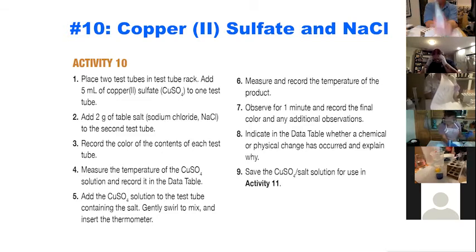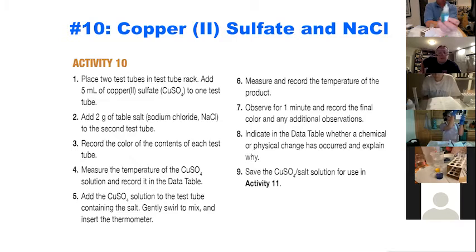So that means that all of the salt, and copper 2 sulfate is a salt, any compound of a metal and a non-metal we call a salt, is all dissolved in solution as ions. Interestingly, copper 2 and copper 1 are different colors.